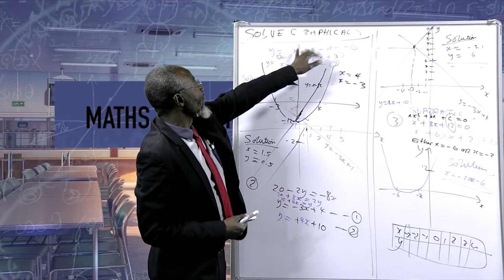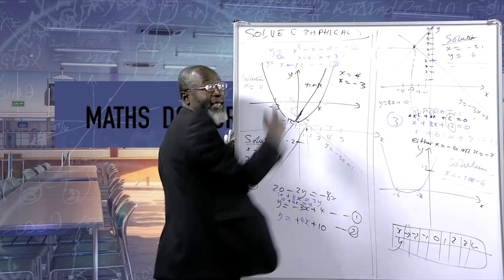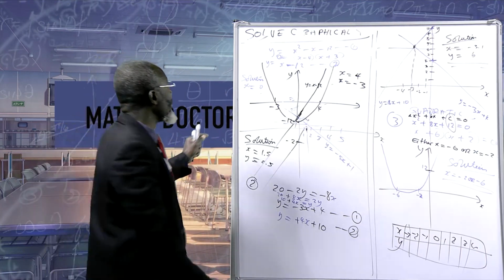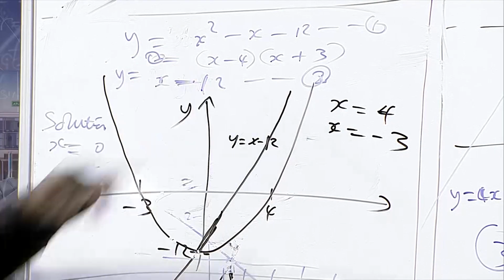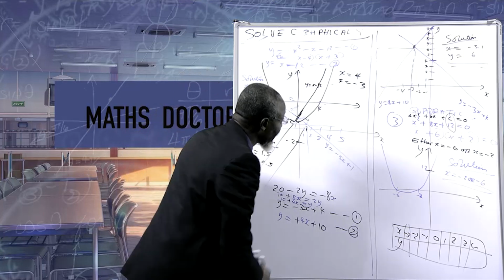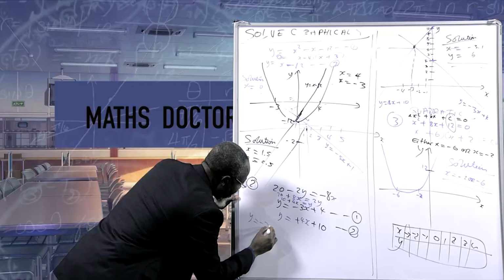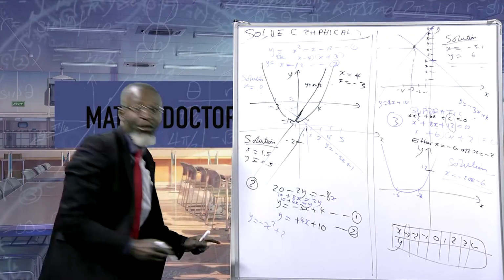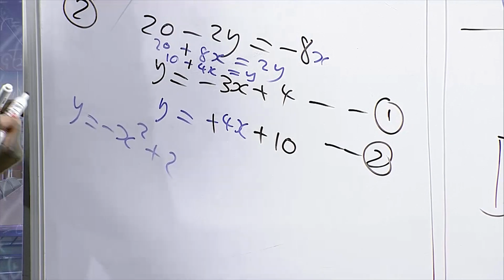And also, if there is a power, it means the curve will go that way, and because there is a positive sign here. What if it was something like y is equal to minus x squared plus 2? If it was like this, how would you draw that graph? One might be wondering.